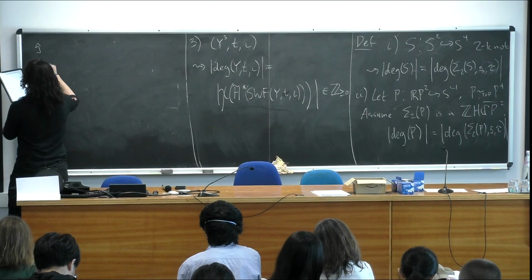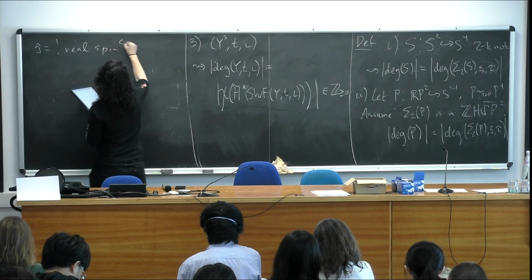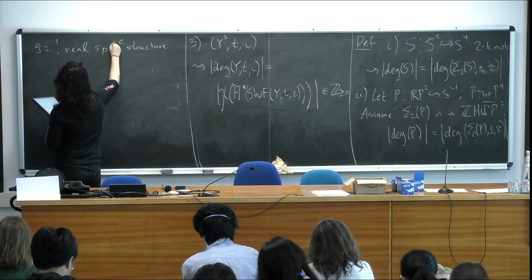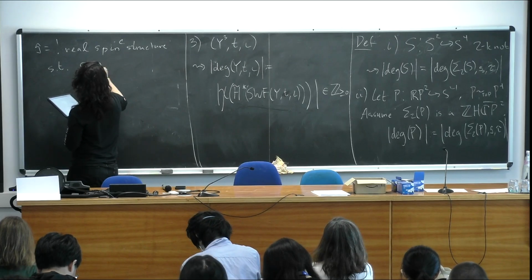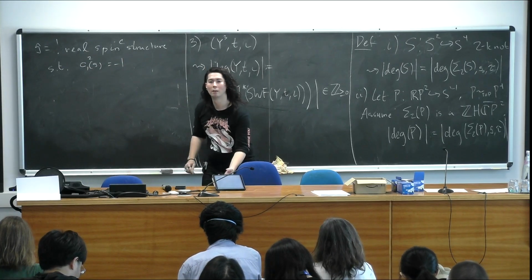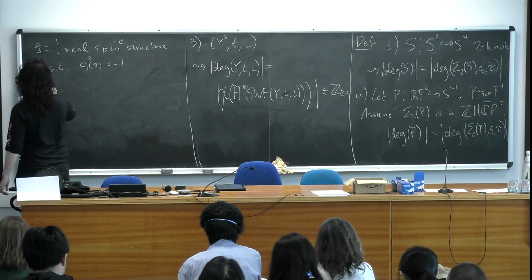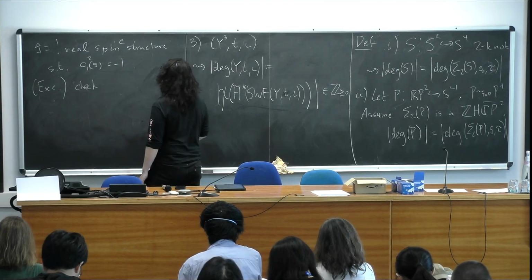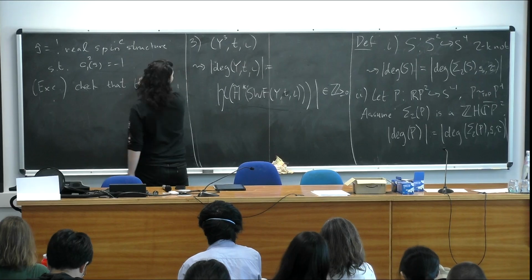And we actually have that s is equal to the unique real spin C structure such that c1(s) squared is equal to -1. Why did I pick -1? Well, maybe an exercise: check that this makes it well-defined.